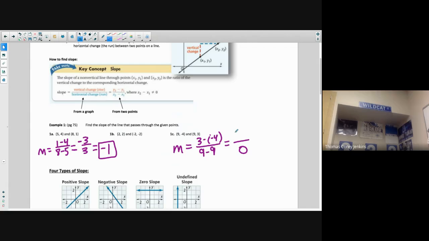I'll go ahead and put it there. But if you have 0 on the bottom, that's automatically undefined. Okay, so an undefined slope is also another way to say a vertical line. This would be a vertical line.